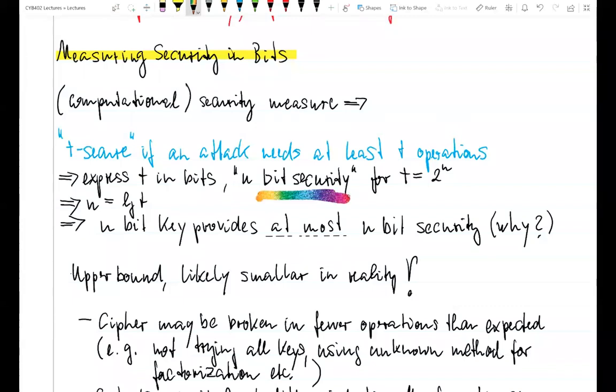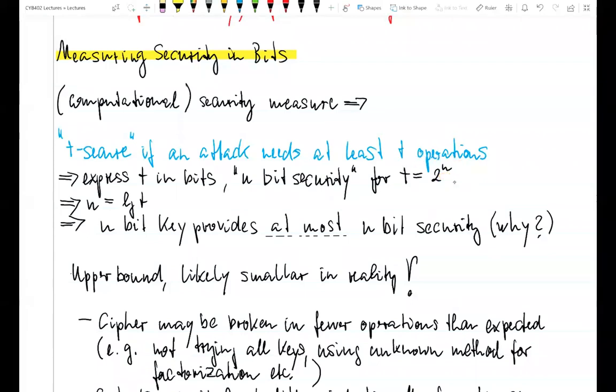So if we have a number T, we can translate that number into the number of bits to represent T. In other words, we compute n such that T is 2 to the power of n.